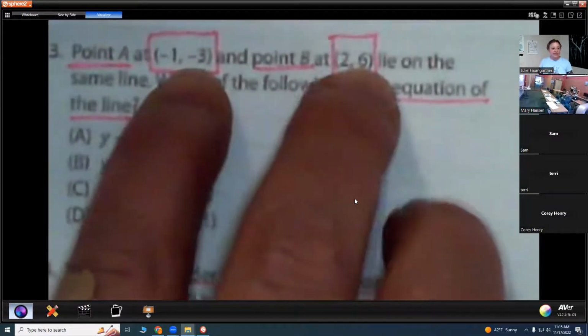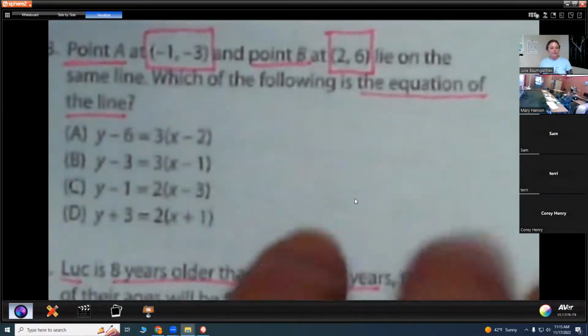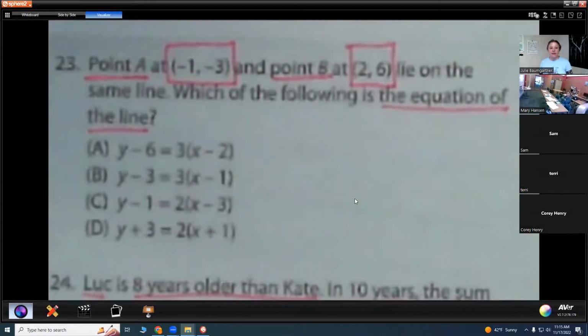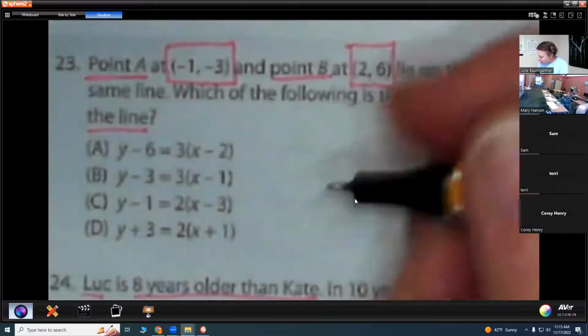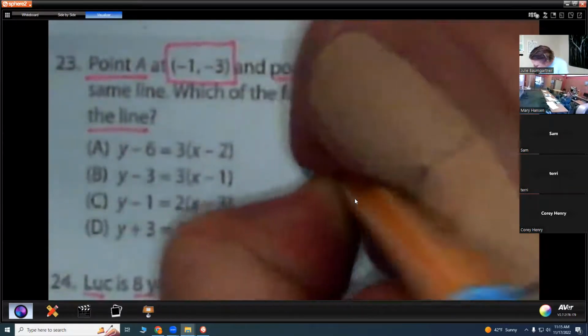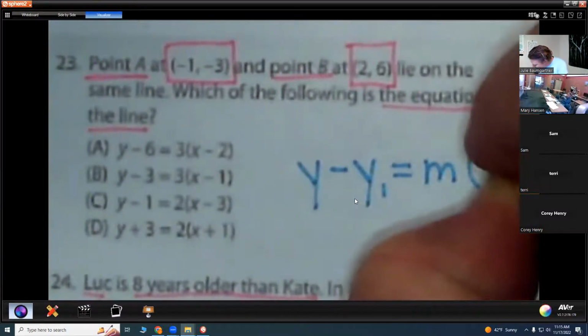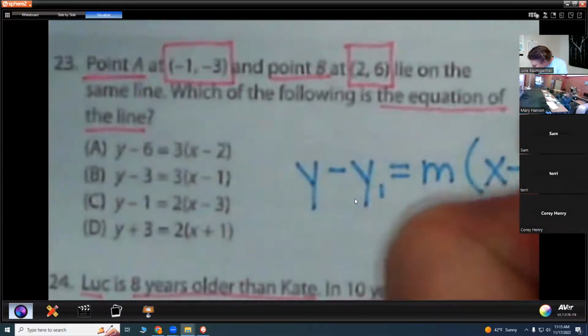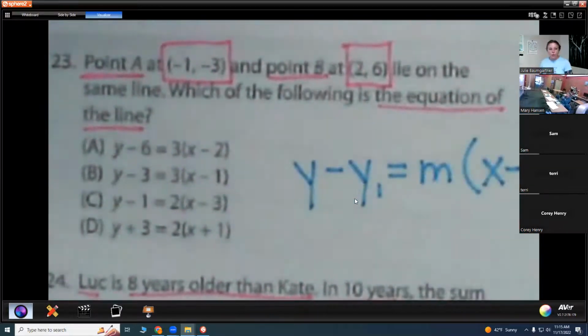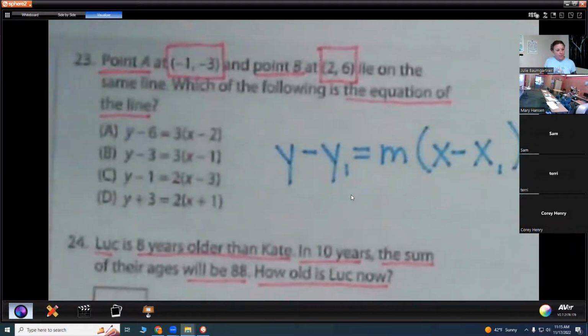Now, fortunately, we have 2 points, okay? But of course, the one piece of information that we are missing is the slope. Now, we might not need to calculate the slope to guess our answer. So remember our formula: y minus y sub 1 equals the slope times x minus x sub 1.